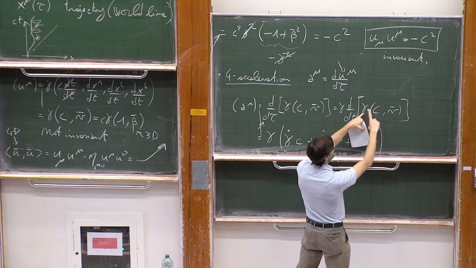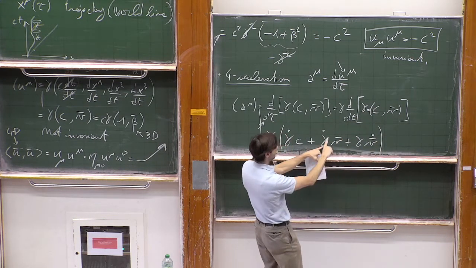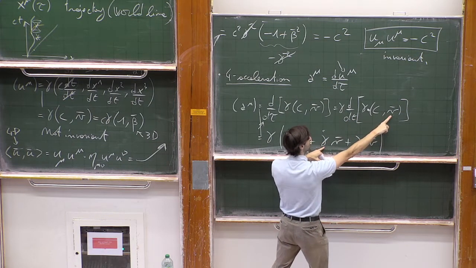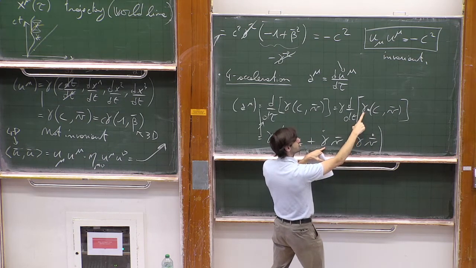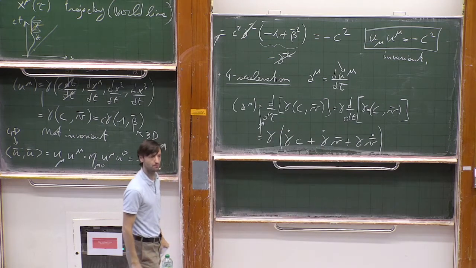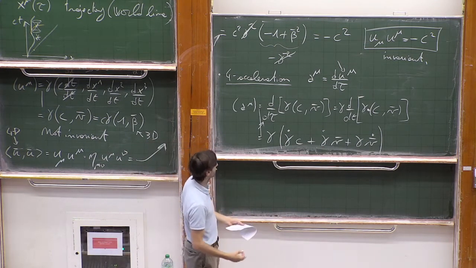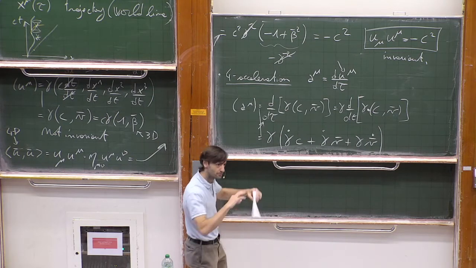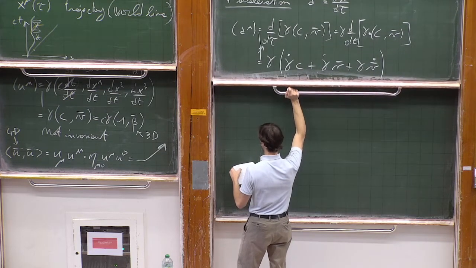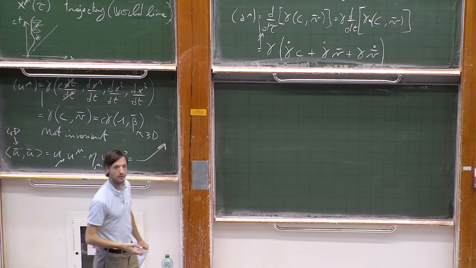Whereas here we have a function times a function, therefore we need to apply the product rule of derivatives. Therefore, the derivative of gamma times the function untouched plus the other function untouched times the derivative of the other function v. Just product rule. So you see that when we're dealing with four-accelerations, things get a little bit more complicated than what you would have in standard Cartesian space, Euclidean space.